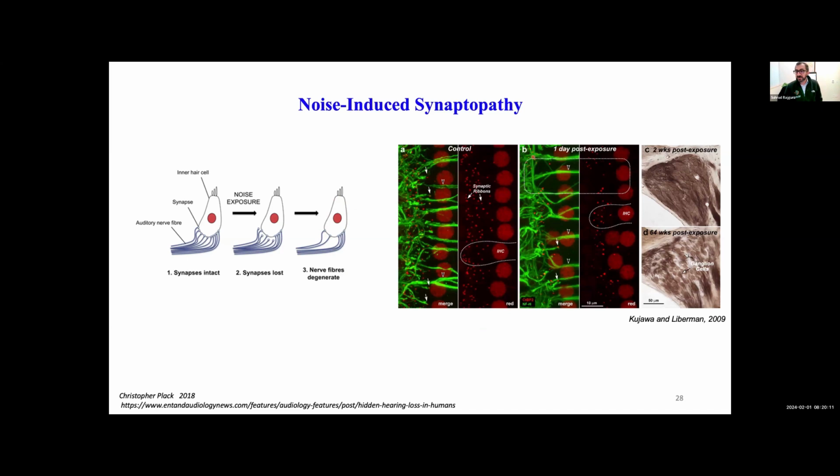But if you give them a noise exposure about like a rock concert, a lot of those synaptic ribbons and the contacts on the hair cells have disappeared.